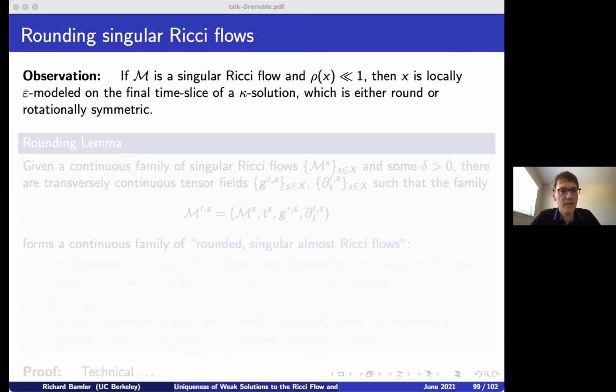So here's my observation. As we discussed several times, if we have a singular Ricci flow and we look at a point whose curvature scale is very small, i.e. whose curvature is very large, then x is locally epsilon-modeled on the final time slice of a kappa solution. Okay? And any kappa solution, which we know now, is either round or rotationally symmetric.